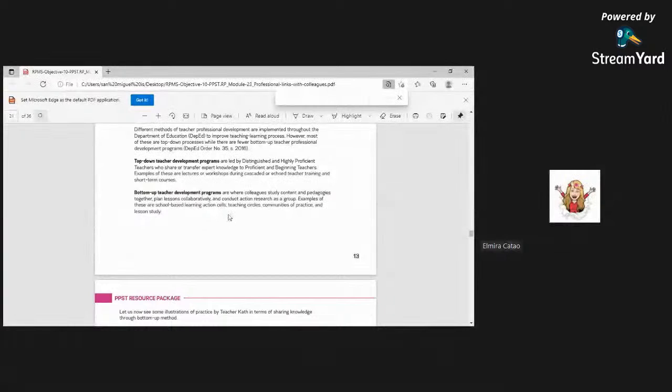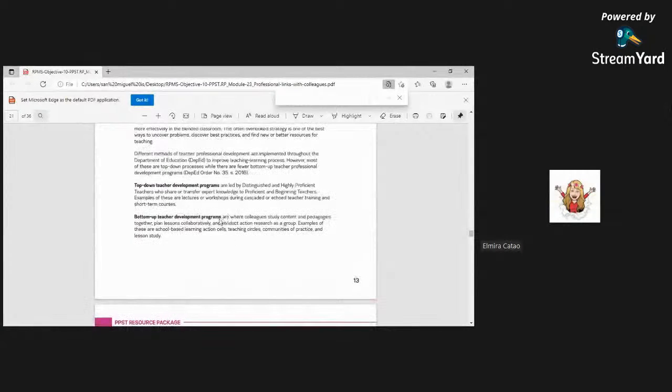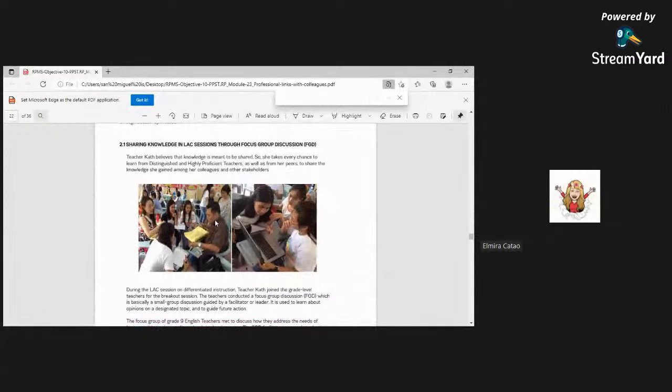So this is sharing knowledge in LAC session through focus group discussion. So every time we have our INSET or even seminars, usually we do FGD or the focus group discussion.